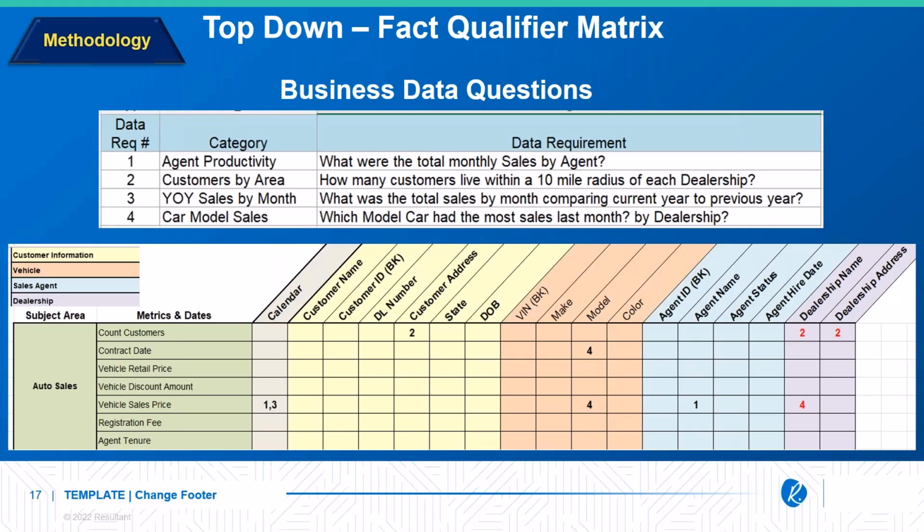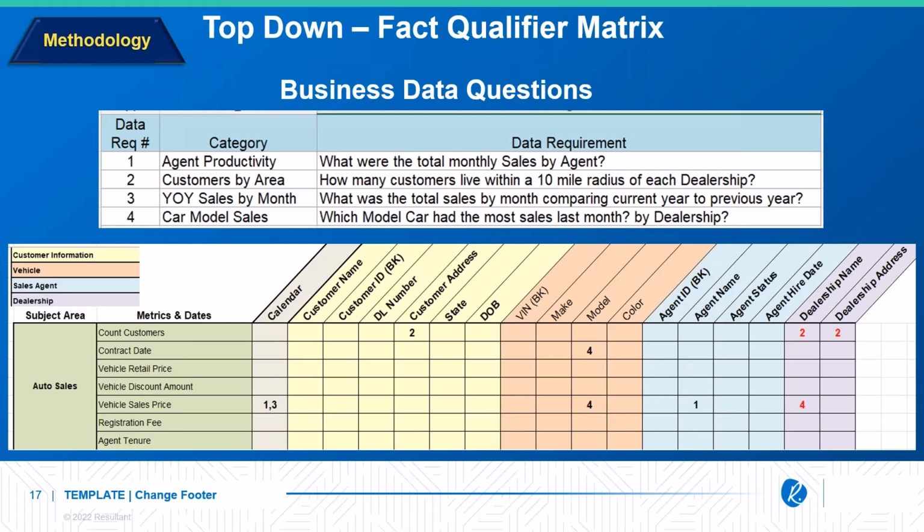And I've kind of color coded them where we've got our calendar, and then our customer information is yellow, and then our vehicle is the orange, and then the sales agent is the blue, and then we have dealership info, which is the purple. Going horizontally across, and then going vertically is our metrics.